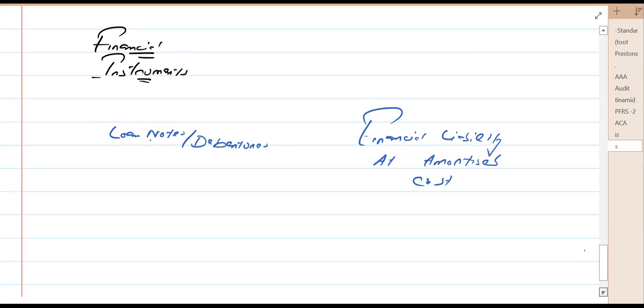So these loan notes and the debentures, which are recorded within the non-current liability, the treatment of this is to record the financial liability at amortized cost.